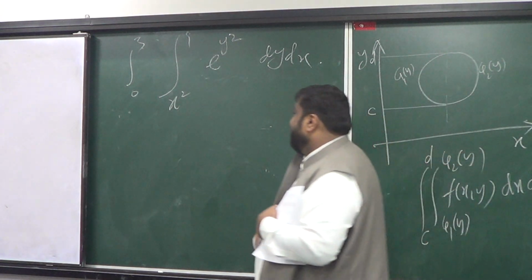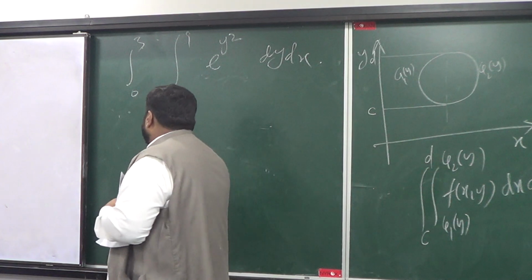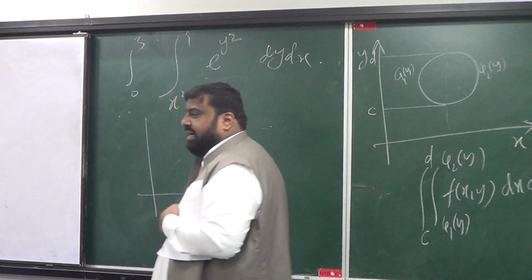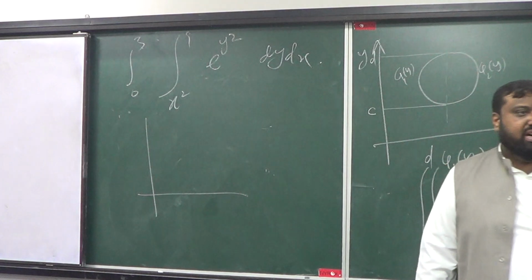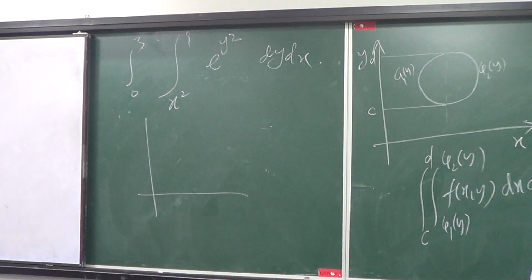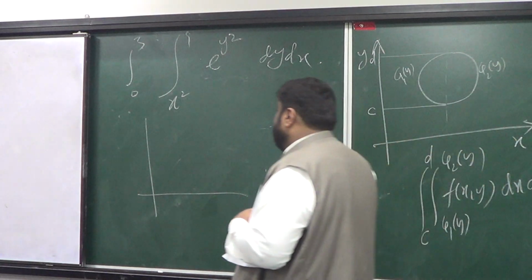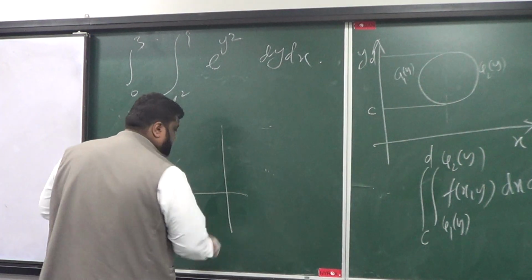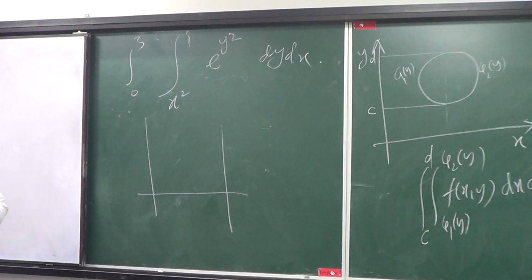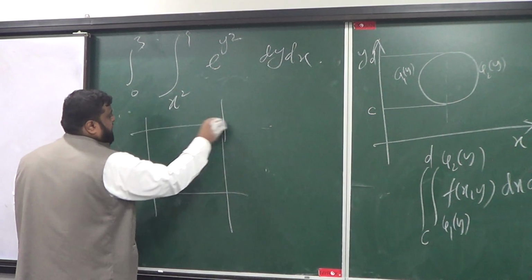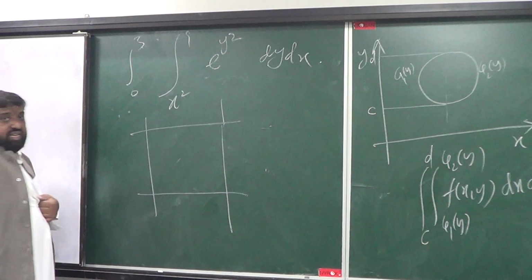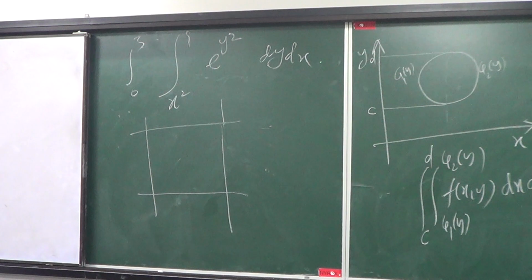So first of all, what we need to know is what this region represents. That's the key thing that you always have to do. The region says x is 0 and x is 3, and y is 9. Another boundary is y equal to x square.